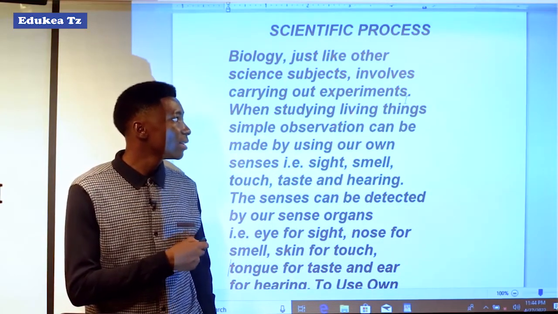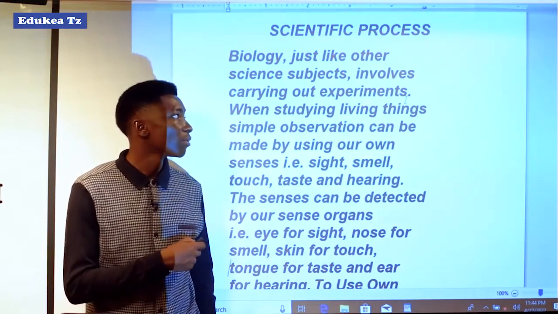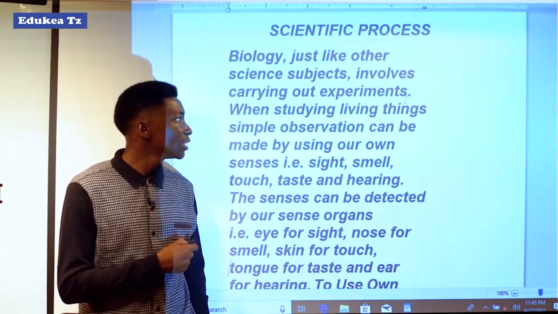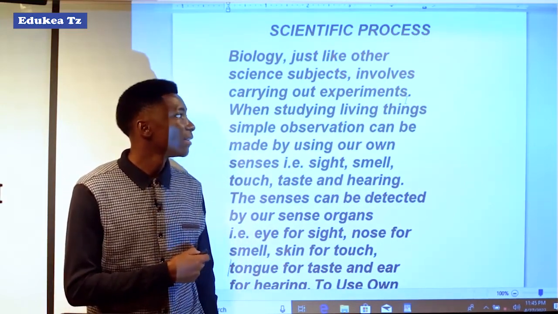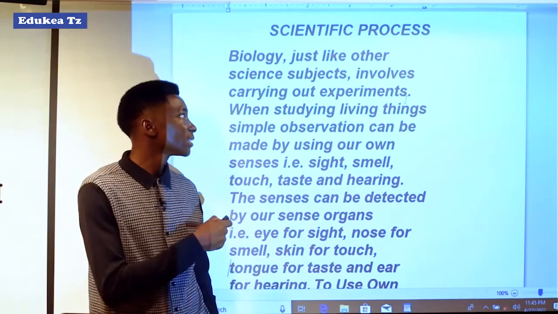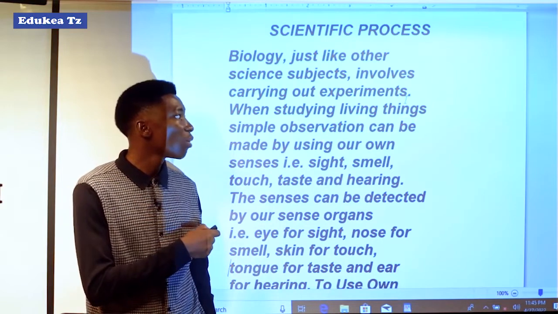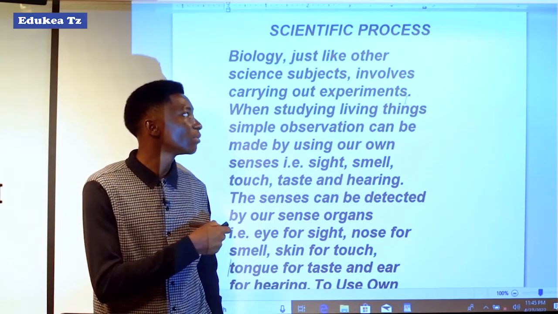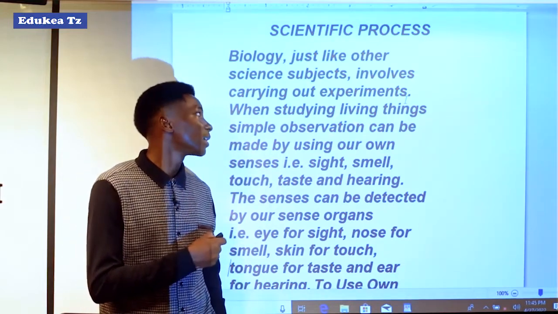In biology, through these living organisms, there are some experiments that are carried out, and they must be taken as specimens for various experiments or practicals.